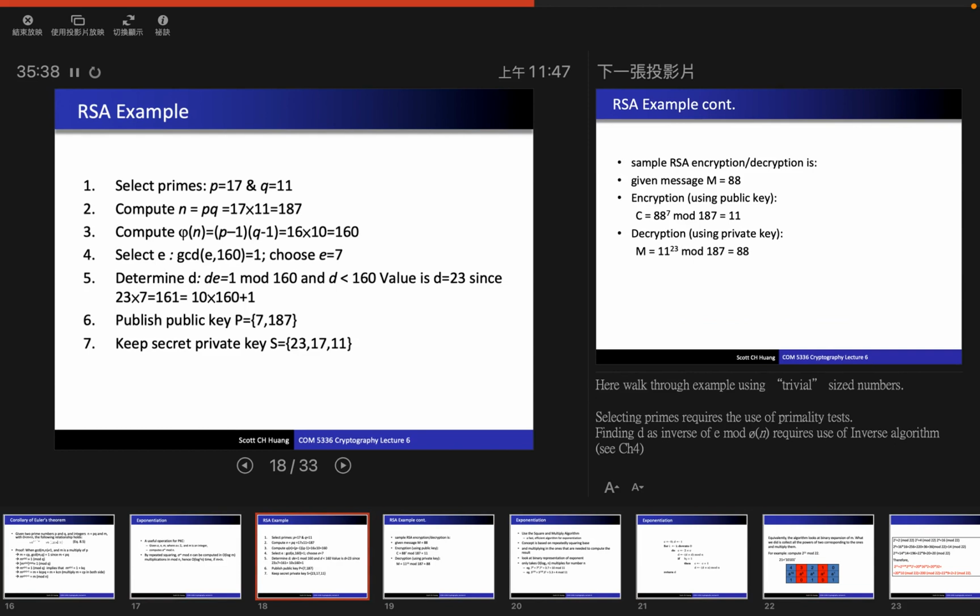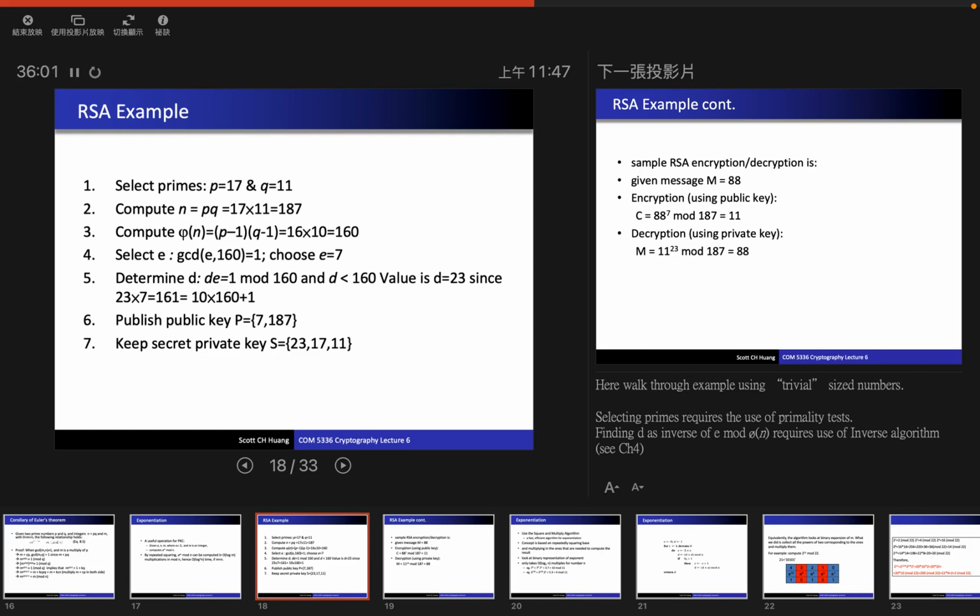First, we choose 2 primes to illustrate the RSA algorithms. We use smaller primes. In practice, these primes are really big, like 300 digits or something, 1024 bits. The current standard is this.